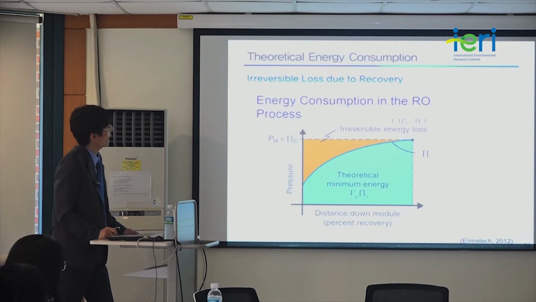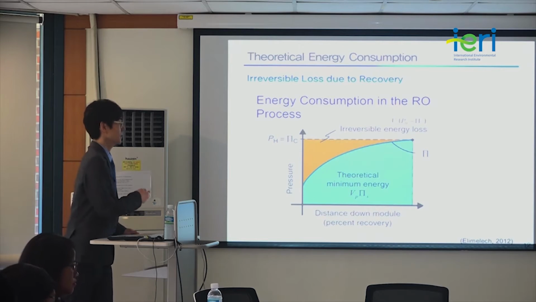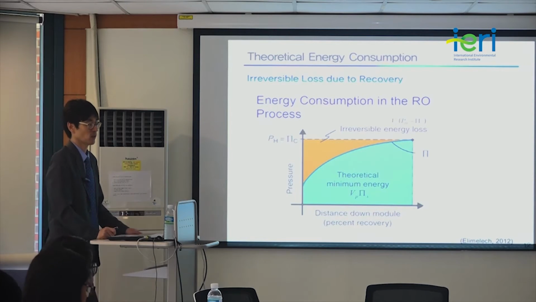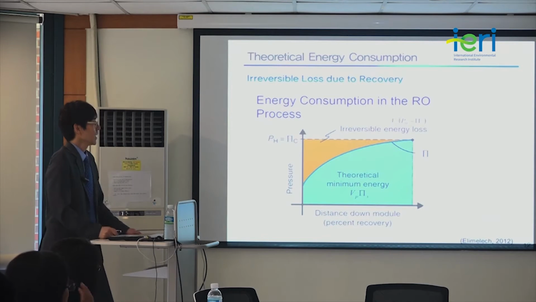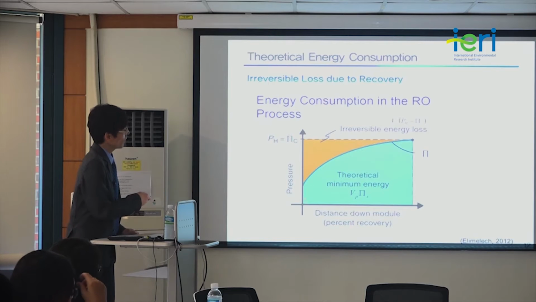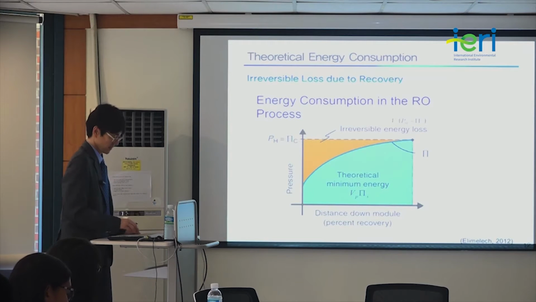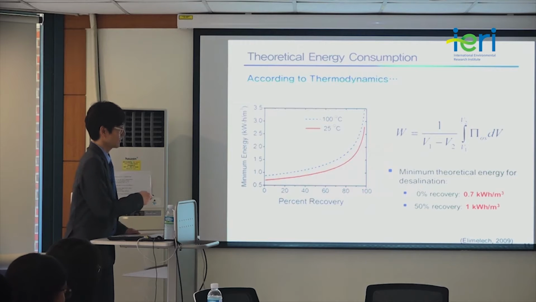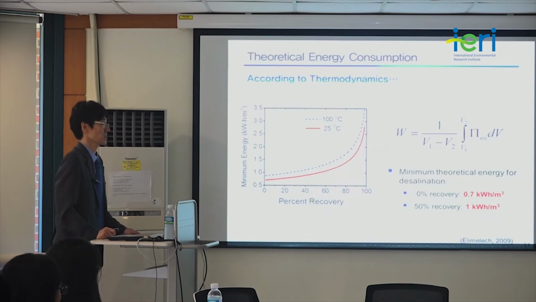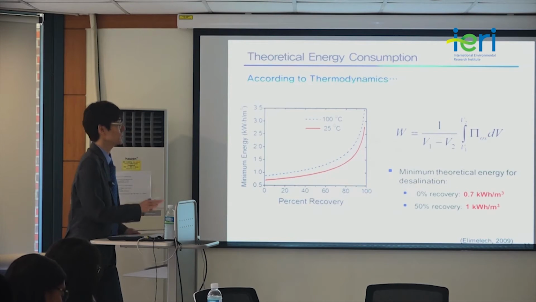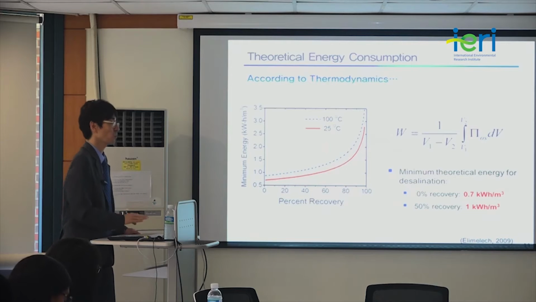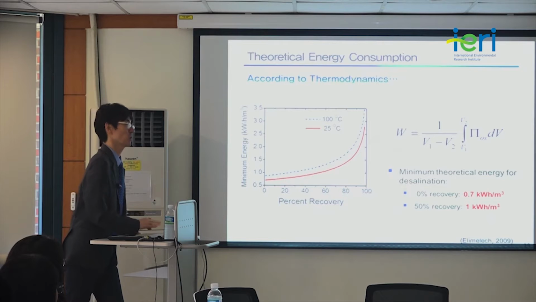Then we also have to understand this graph, which is a little bit tricky, so I'm not so sure if I can properly explain that or not. When you calculate this energy consumption using this equation, the idea is if we wanted to reduce the energy consumption, we have to operate the system close to the osmotic pressure.